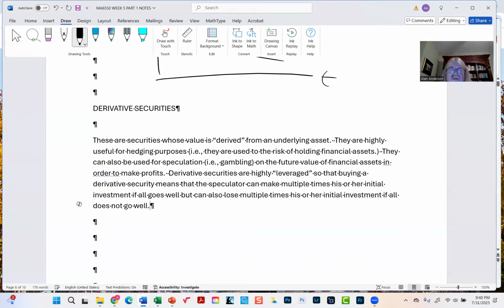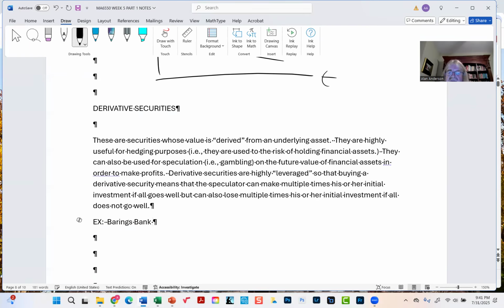There have been horror stories throughout the last 40, 50 years of individuals and companies who lost enormous sums of money because they didn't really understand how these derivatives work. This is a quick historical footnote here.